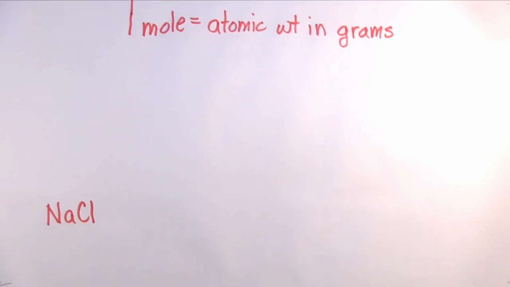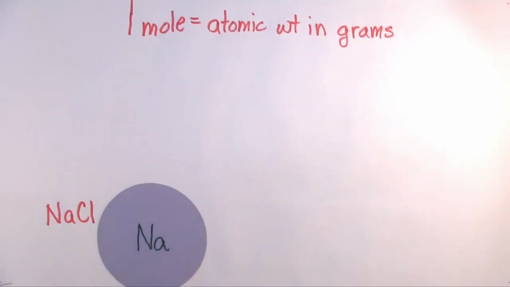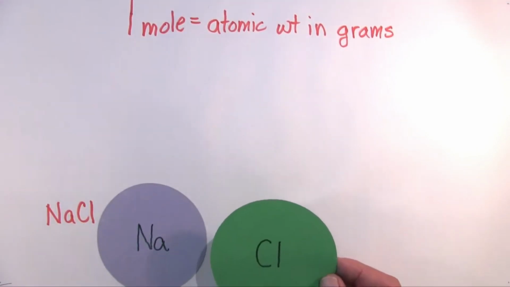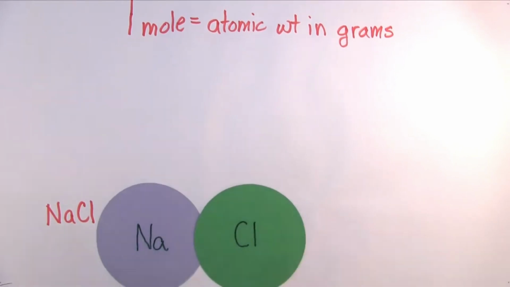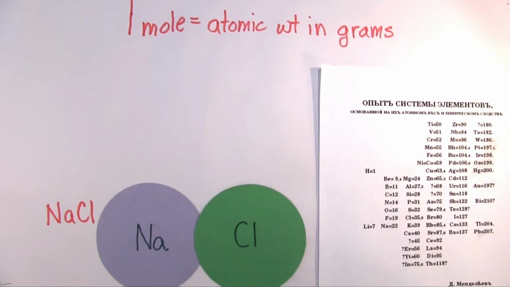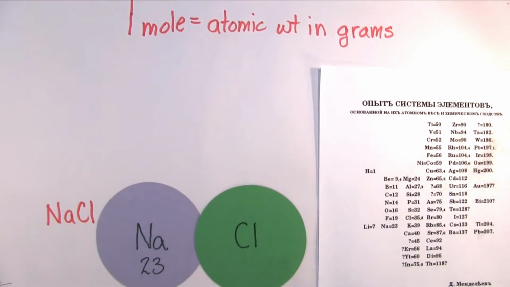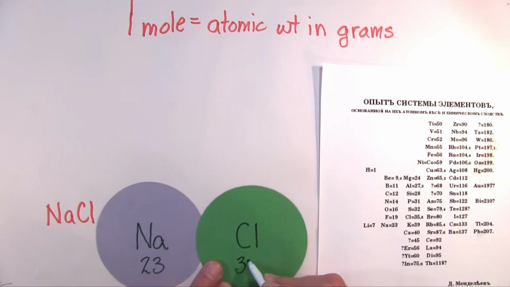What does this formula tell us? It tells us that there is one sodium atom in there, actually ion, but we'll get to that later, and one chlorine. Okay, there's one of each. And if we look at the periodic table, sodium comes in at 23, and chlorine right here comes in at 35.5.